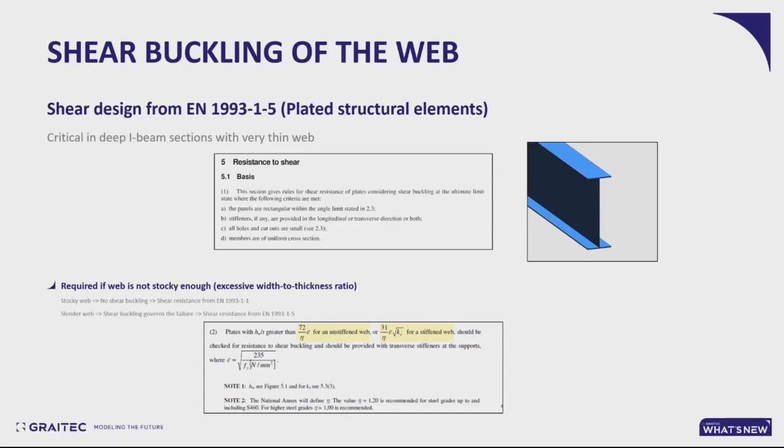And if you are below that limit, then you have what they call a stocky web. So you don't need to actually worry about a thing, and you can check the shear resistance according to Eurocode 3 Part 1.1. But if you are above that limit, then you have a thin or slender web, and you need this extra check from Part 1.5.